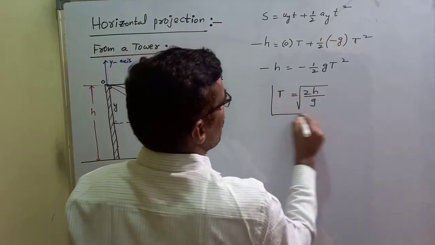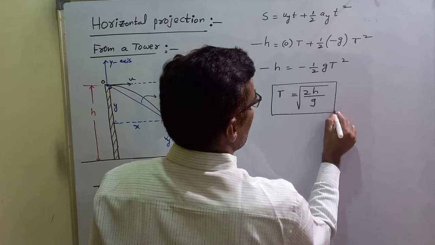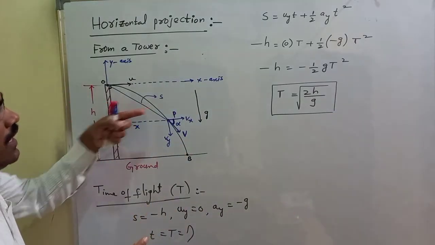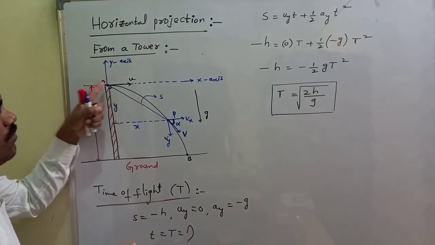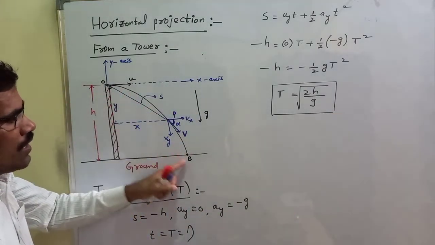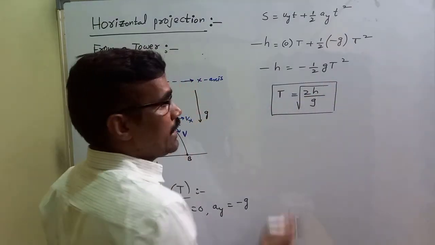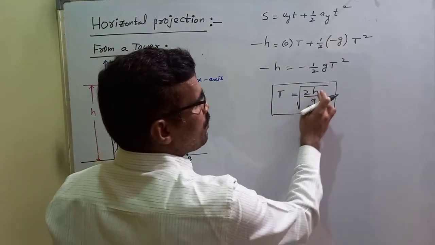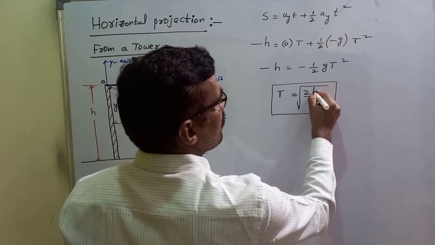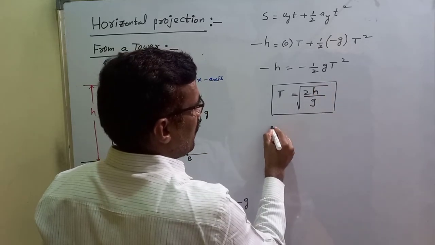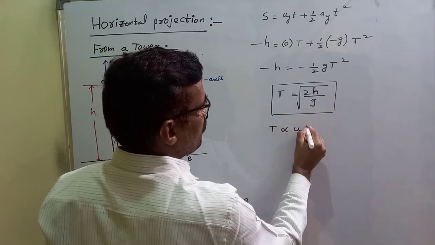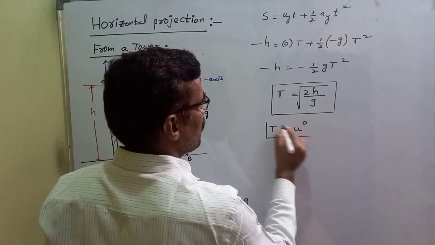So this is the time of flight. If a body is thrown horizontally from a height h, the time taken to reach the ground is T equal to under root 2h by g. Time of flight depends on the height, but it is independent of initial velocity.